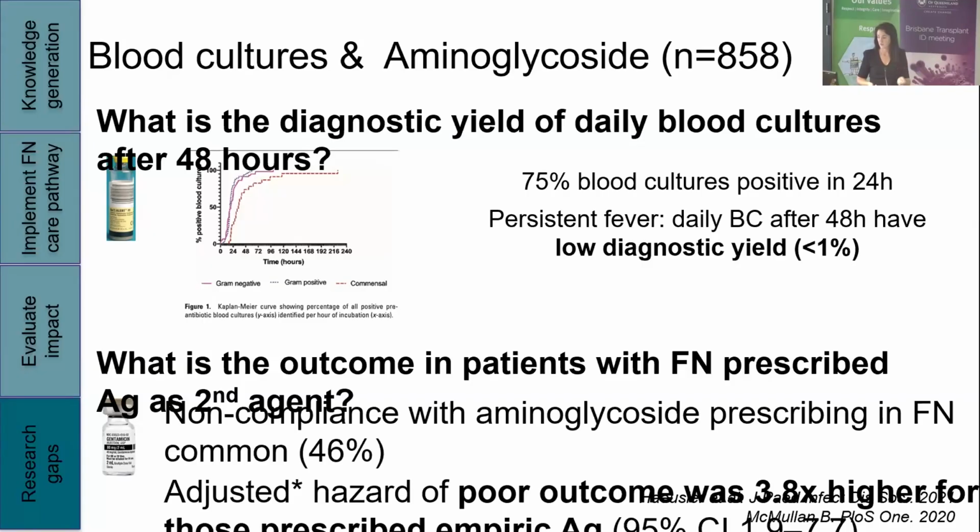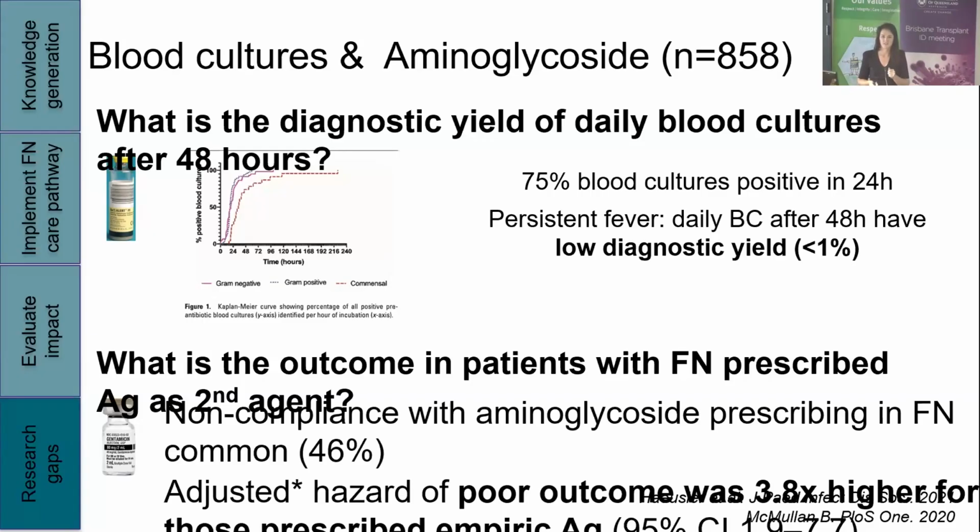What he found was that non-compliance with aminoglycoside prescribing was really common across the country. And even after adjusting, and we did this many times because we didn't quite believe what we were seeing, the adjusted hazard of poor outcome was 3.8 times higher for those patients that had been prescribed empiric aminoglycoside.